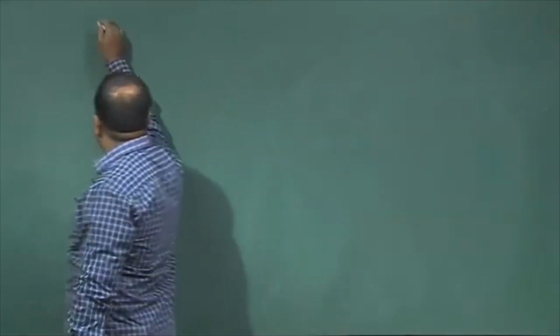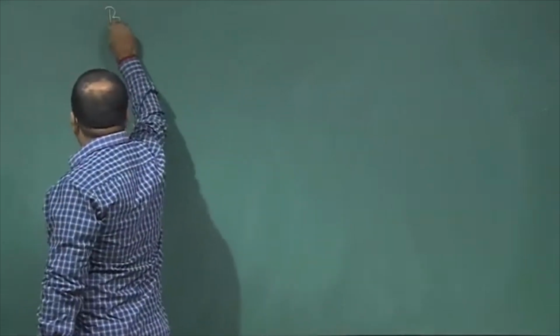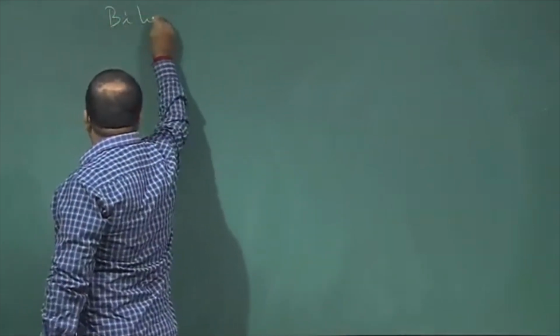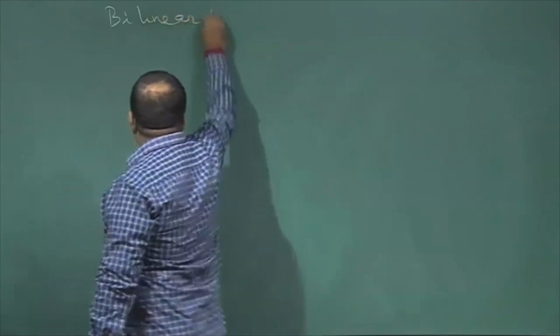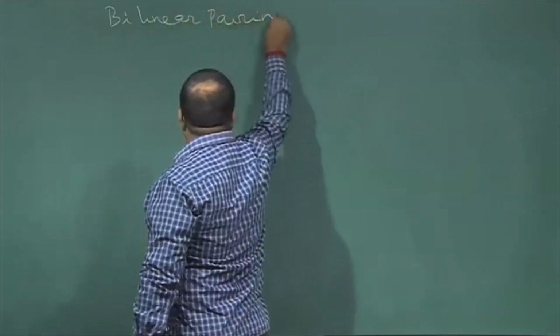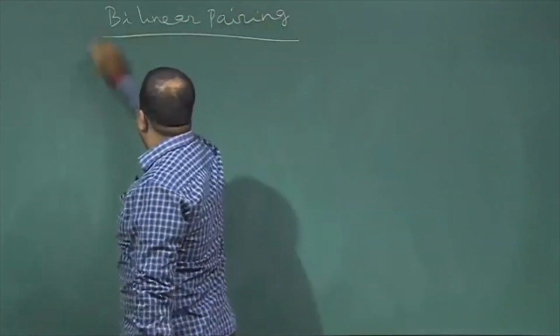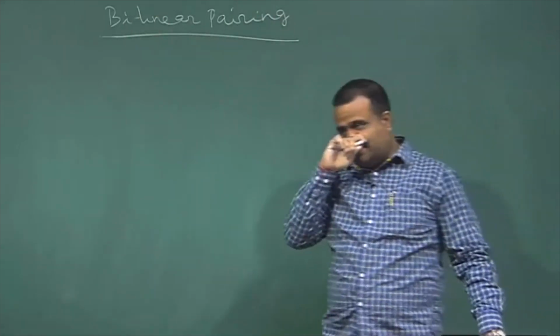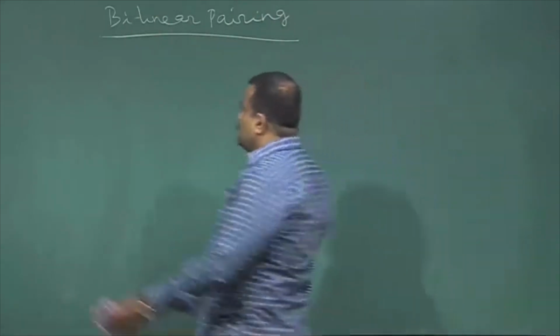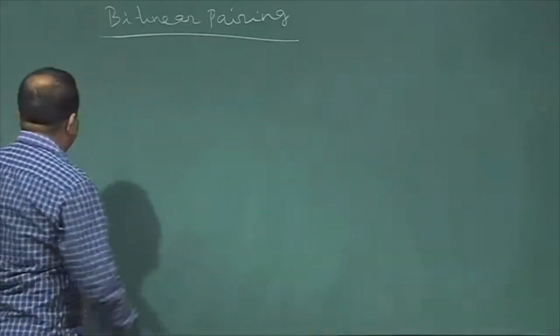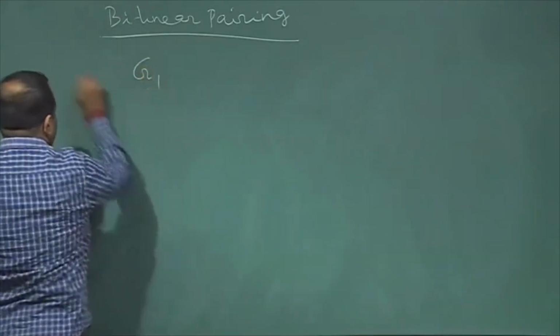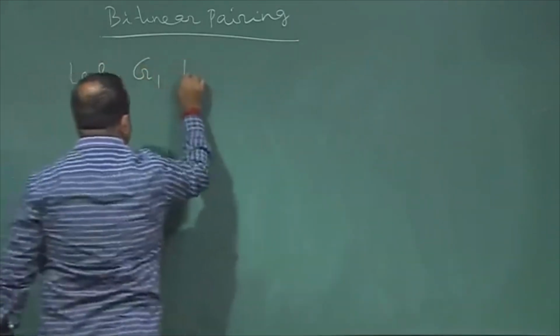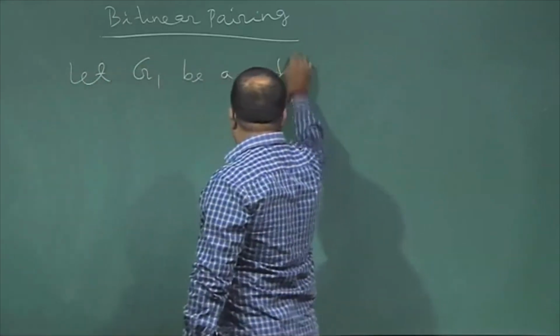So, let us talk about bilinear pairing. How we can define a bilinear pairing? Okay, it is a pairing, basically bilinear pairing. So, for that let us have a group, say G1, let G1 be an additive group.